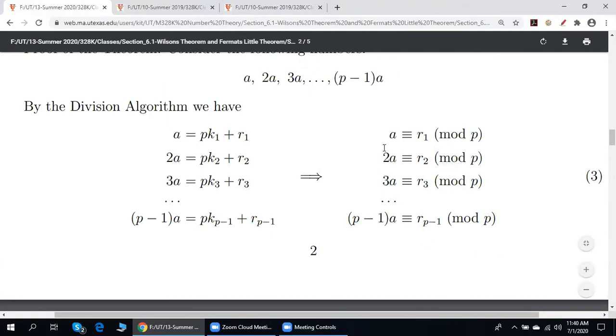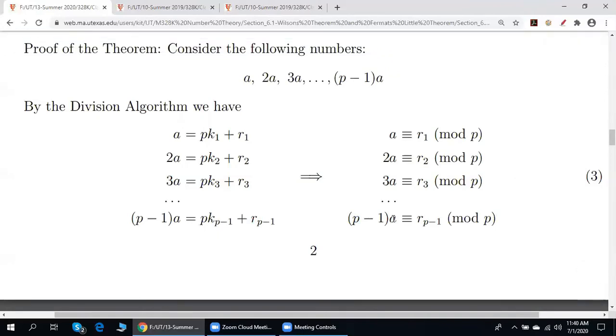As the result, on the left-hand side, we will get the following: A times 2A times 3A times and so on, P minus 1 times A. Note that over here we have P minus 1 congruences. Therefore, the product of all left-hand sides will be A to the power P minus 1 times 1 times 2 times 3 times and so on times P minus 1.